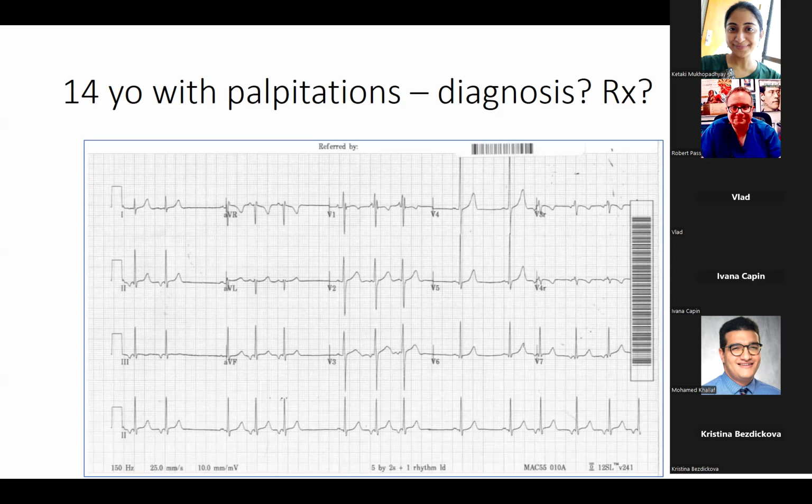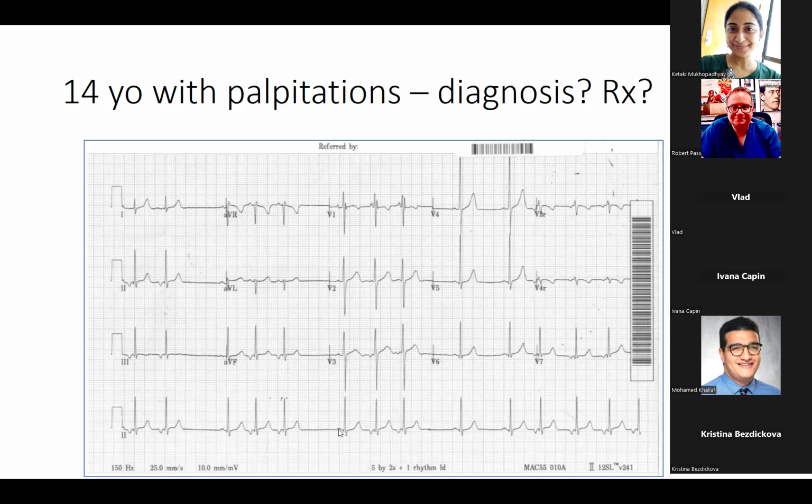And if you look at the rhythm strip in lead 2, it looks like going along they're inverted and then they become normal again. So why don't we look at the rhythm strip here? We have what looks like an upright P wave, so maybe a sinus P wave. And then we have 2 beats that are clearly different, right? Then we have a pause.